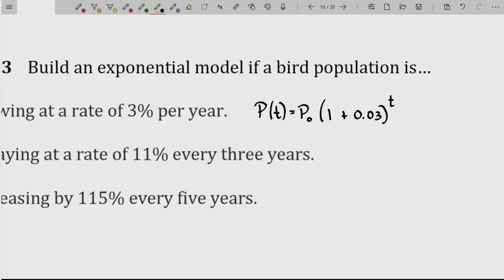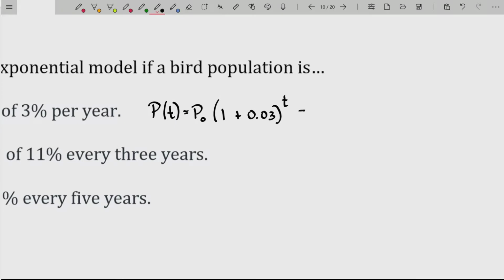Normally you would not leave it like that, by the way. You would go ahead and do the arithmetic and say that's P naught times 1.03 to the t power. But anyhow, I kind of like it, honestly. For me, I like to write it like this just because I can easily see that I keep the original population and I'm gaining 3%. It's just kind of a nice way to see it.